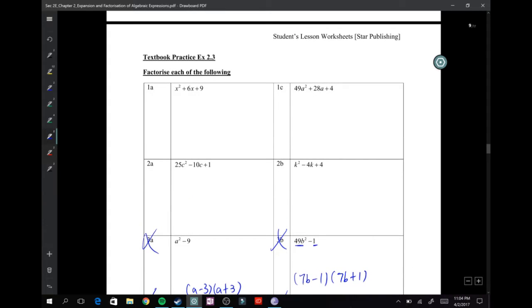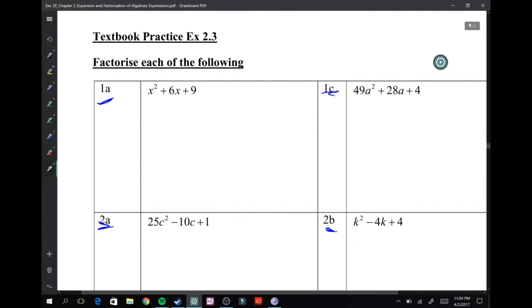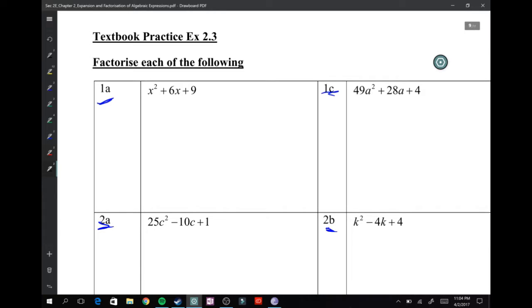Let's take a look at these 4 that I'm particularly interested in, because this was what we went through previously in the last lesson. So x squared plus 6x plus 9, let's do 1a first.